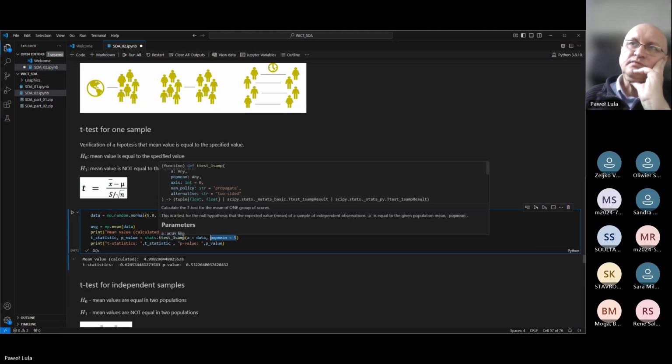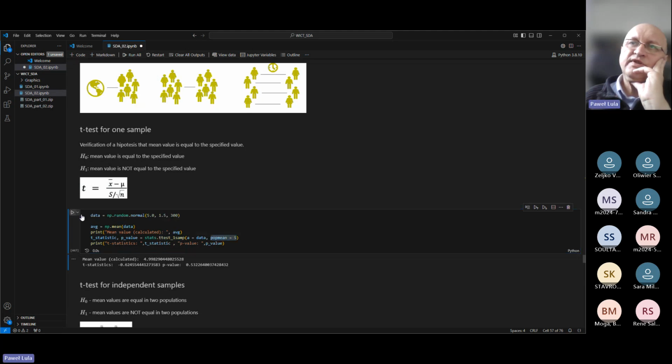And I use this command for performing all calculations. The t-statistic is here, but for me, this value, the p-value, is the most important.